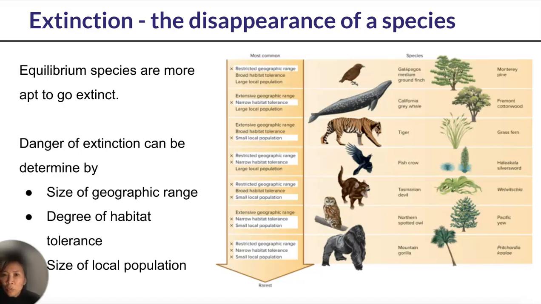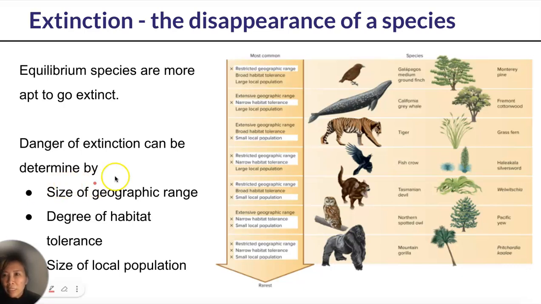Additionally, it has to do with their local population size. In certain areas, due to the geographic range, they tend to have a smaller local population, and they're more likely to go extinct compared to ones that have a larger local population.